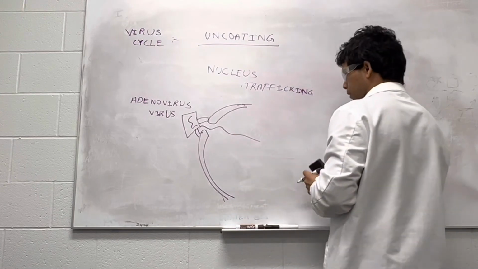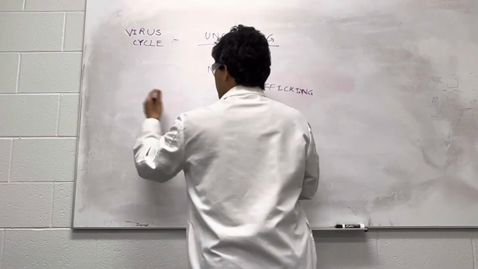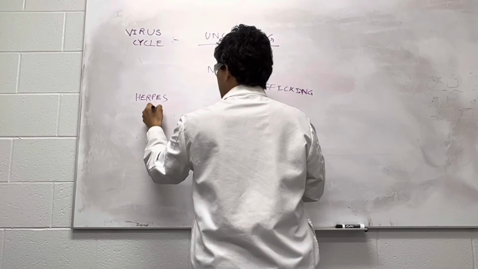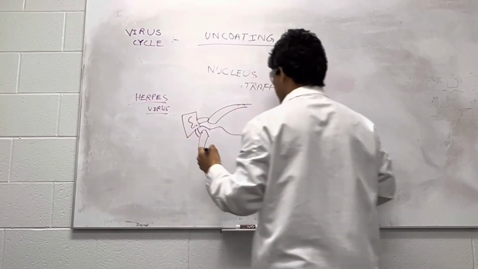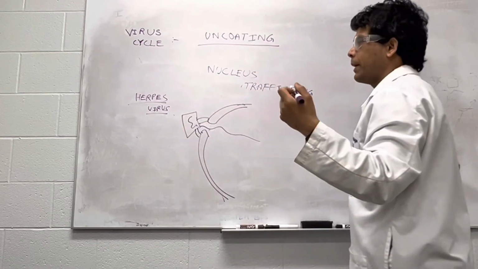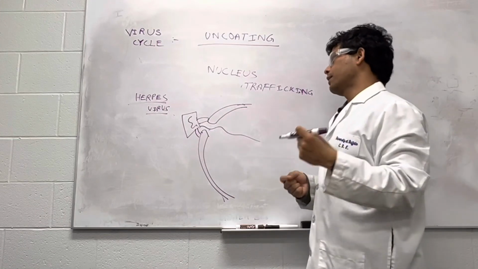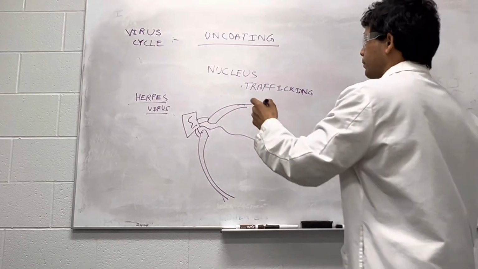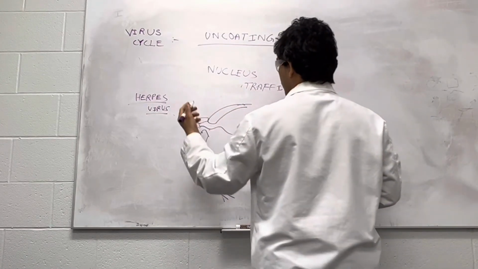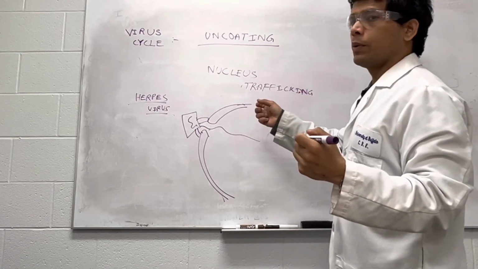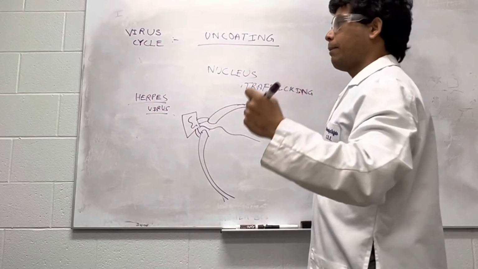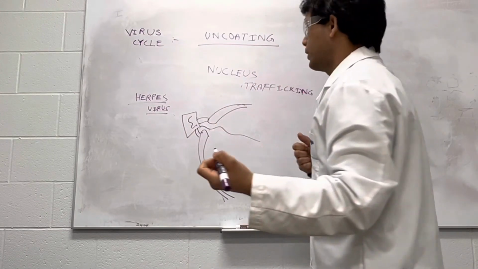Similarly, the case occurs with herpesvirus. In herpesvirus also, the genetic information is quite big and it will not be able to pass through the pore. So the nucleocapsid of the herpesvirus docks with the pores of the nucleus membrane, and here the disruption is lower compared to the adenovirus.